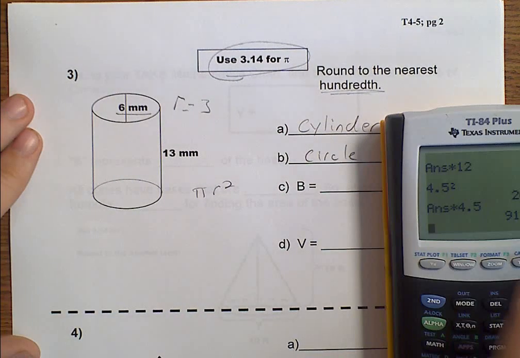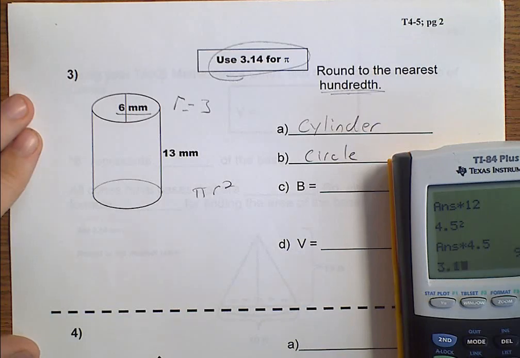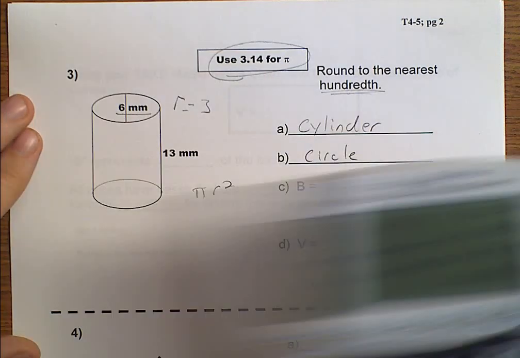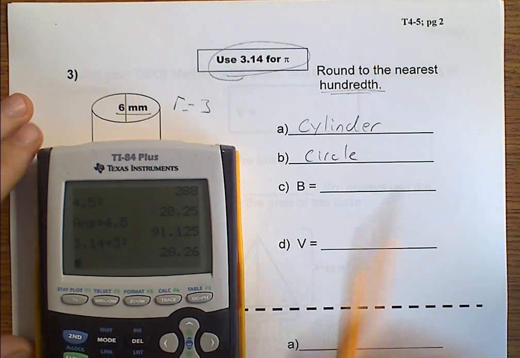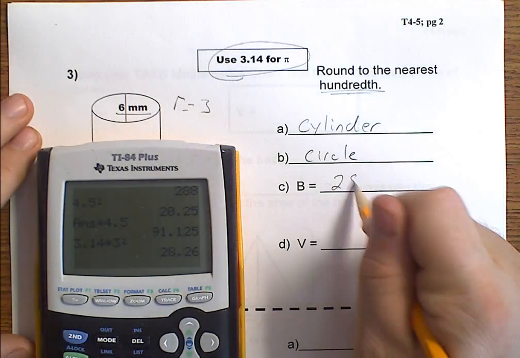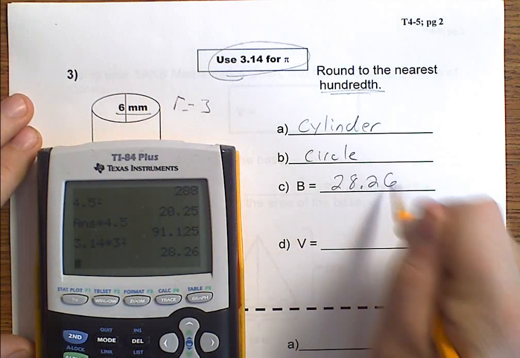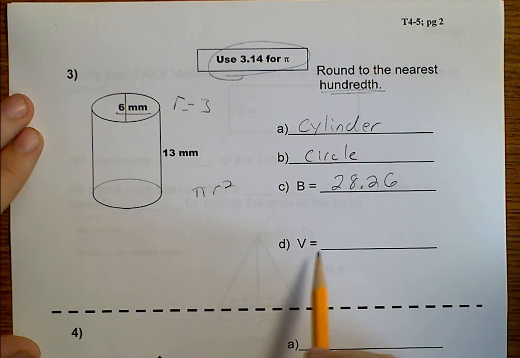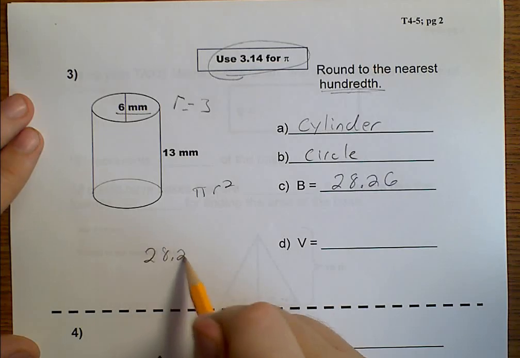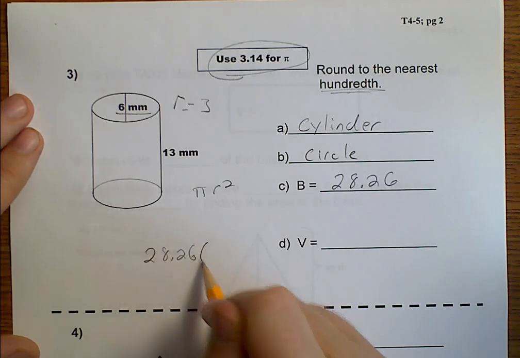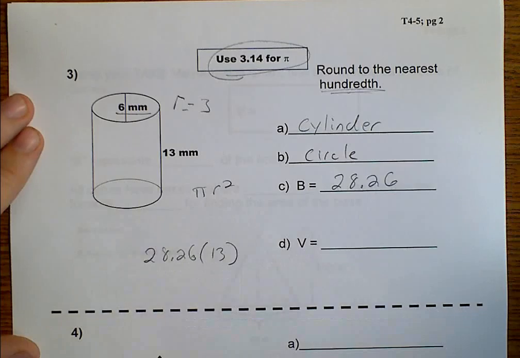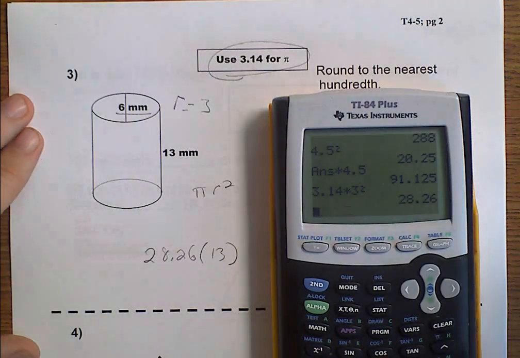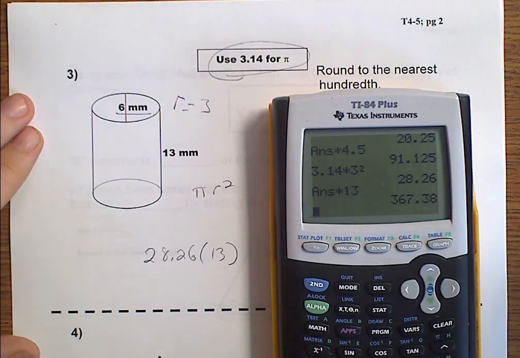So 3.14 times 3 squared gives us 28.26. To find our volume, we take that 28.26 and multiply it times our height of 13. And we get 367.38.